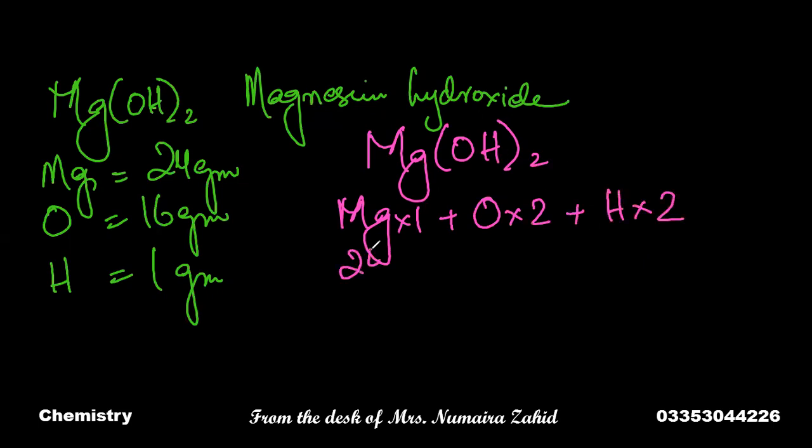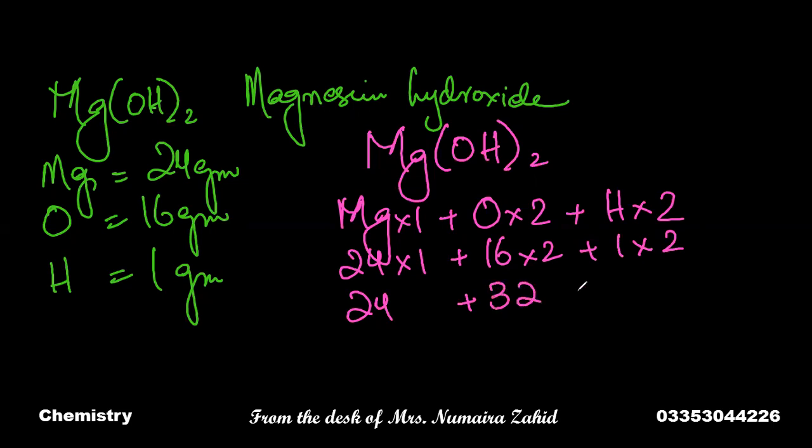So magnesium's molar mass is 24 into 1 plus 16 for oxygen plus 1 for hydrogen. So 24 1 times is 24, 16 2 times is 32, plus 2 1 times is 2. So 24 added to 32 and 2 gives us the value of 58 grams. This is how we can find out the value for magnesium hydroxide. Got it?